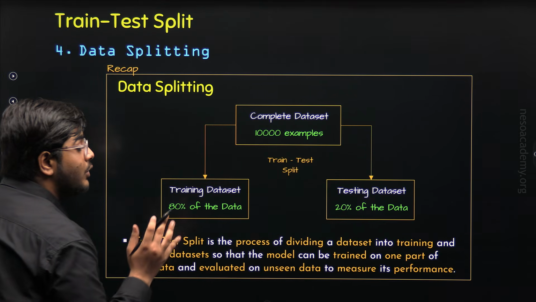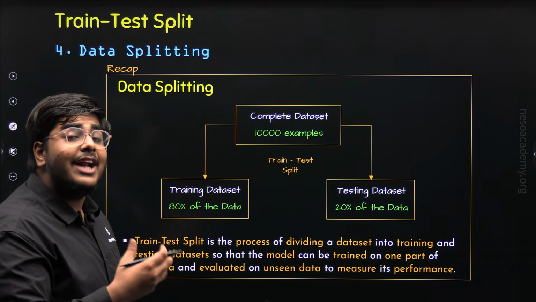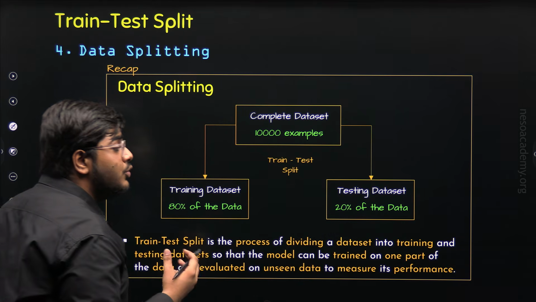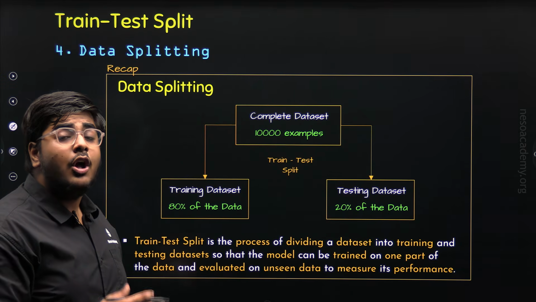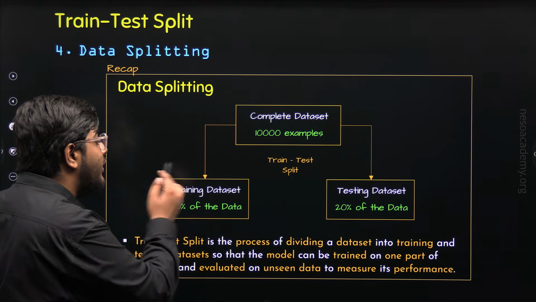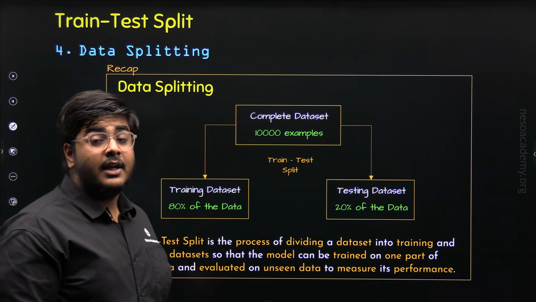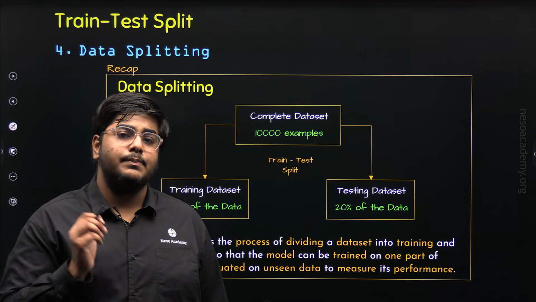Training dataset is used by the machine learning model to learn patterns, features, and relationships. And testing dataset is used to evaluate the final performance of the machine learning model on unseen data. How well it is trained on the training dataset is evaluated by testing dataset. This is known as data splitting or train, test, split.